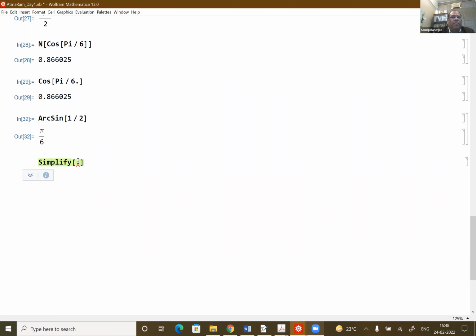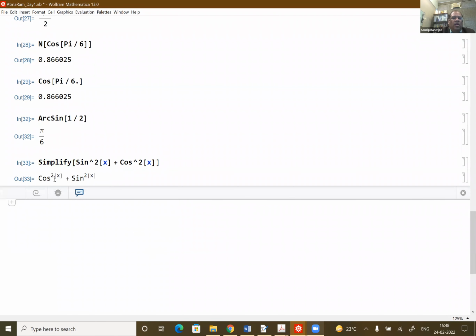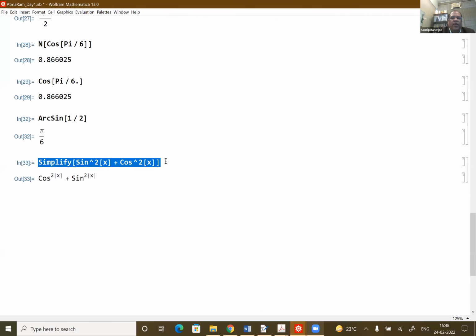Okay, Simplify. Say if I just write sine square x plus cos square x. The syntax has to be correct. I think this syntax is wrong, and you will get something like this. It is not reading it.